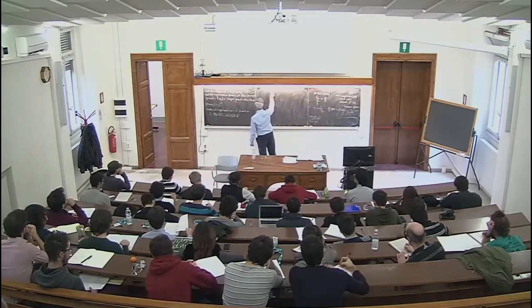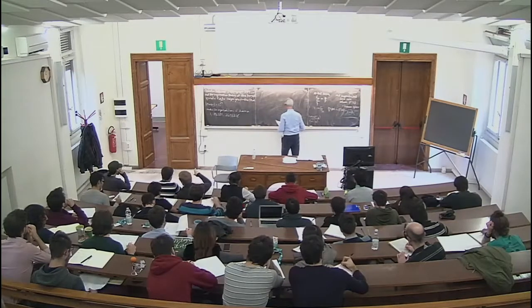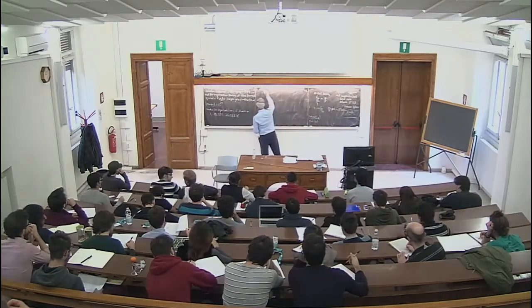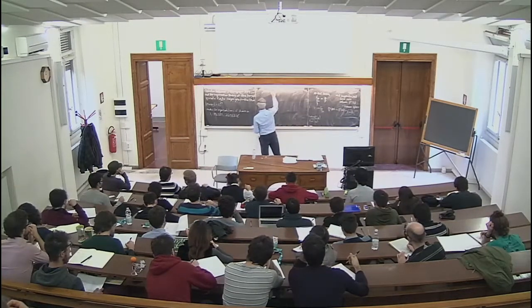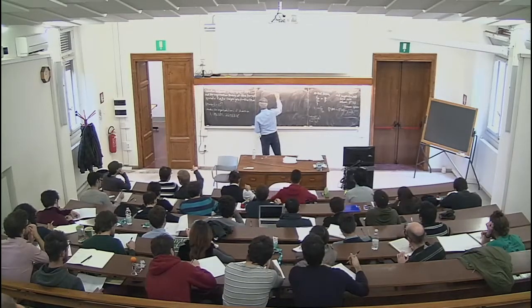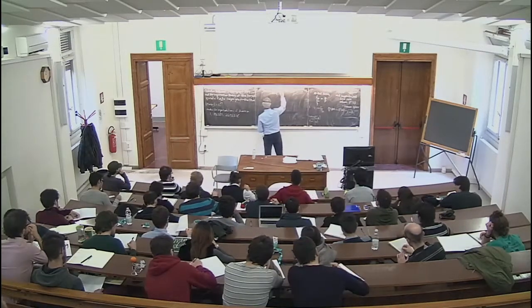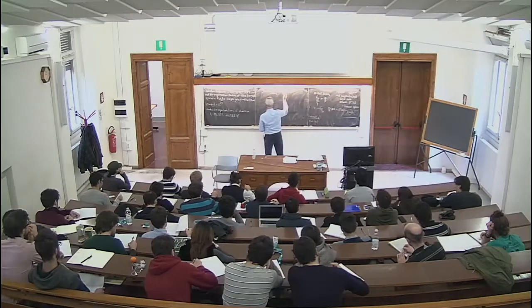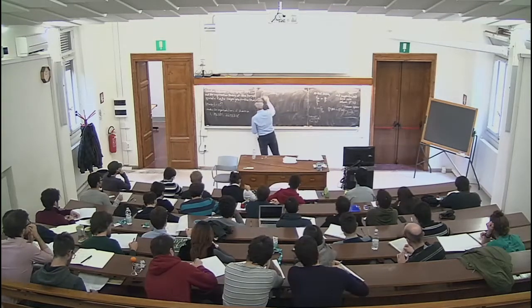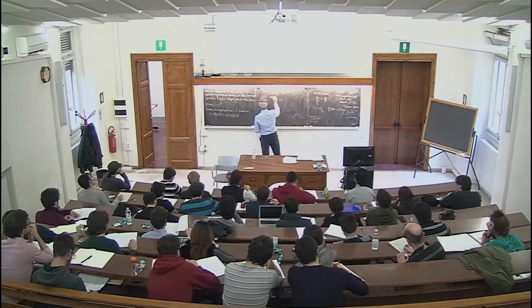And if you look at your notes, if I write J of tau with these coefficients, then you find C of 1 is 196884.